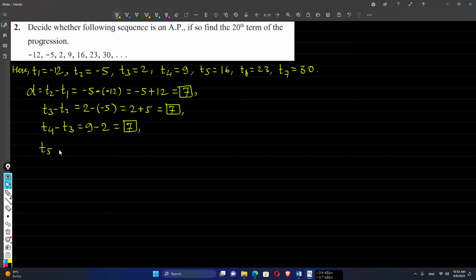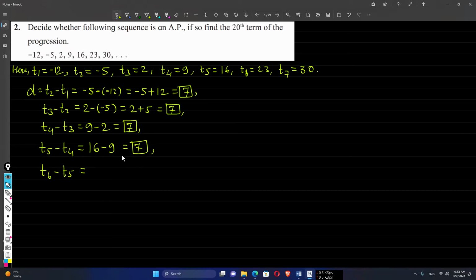Now t5 minus t4, so the value of t5 is 16 minus t4 equals 9. So 16 minus 9 equals again 7. Now t6 minus t5.